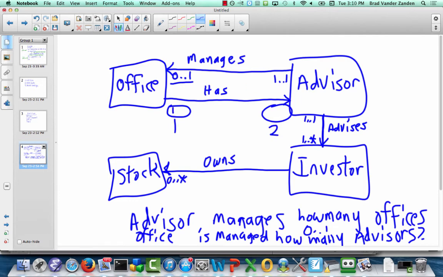Very good. And it's 1 dot dot 1, so it belongs to exactly one office. We're making good progress. In fact, we're only missing this one and this one thus far.